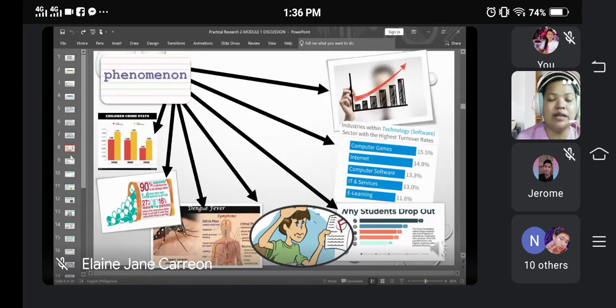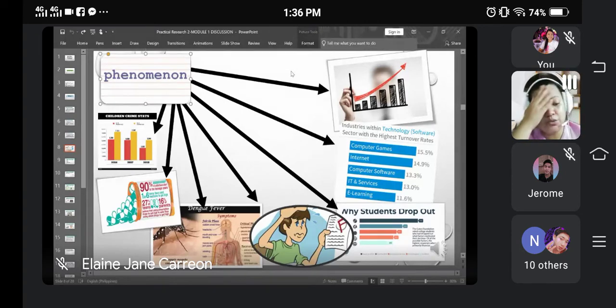Next, let me give you this illustration. As you can see here, the illustration has the word phenomenon, and the phenomenon has arrows. Ibig sabihin, ito yung mga examples ng phenomenon na pwedeng maging topic mo sa research.